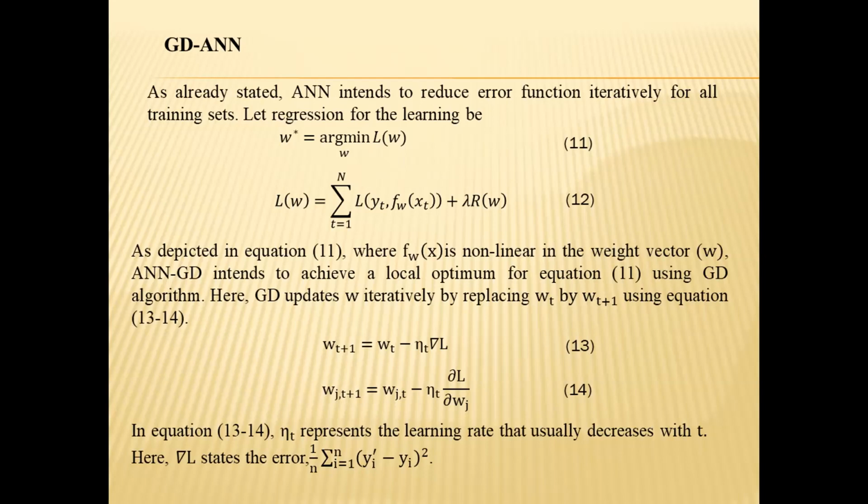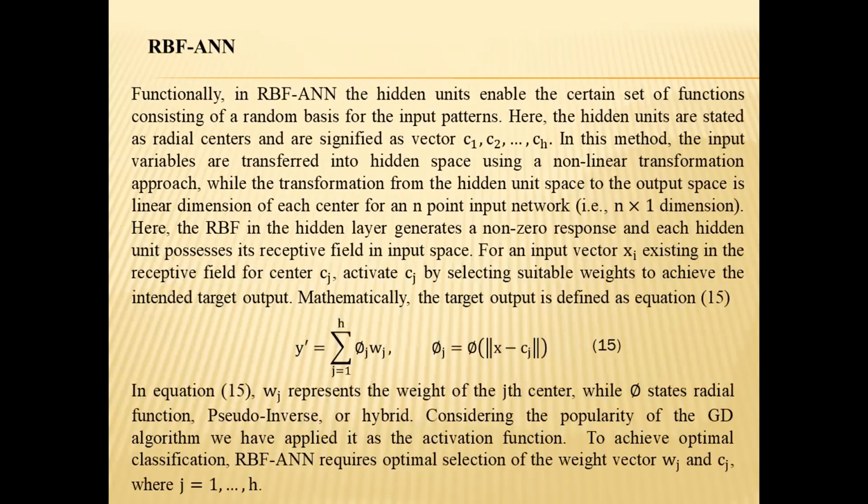Now come to the RBF-ANN, radial basis function artificial neural network. Radial basis function neural network in its simplest form is a 3-layer feed-forward neural network. The first layer corresponds to the input layer of the network. The second layer is the hidden layer consisting of a number of radial basis function activation units, and the last layer corresponds to the output layer of the network.